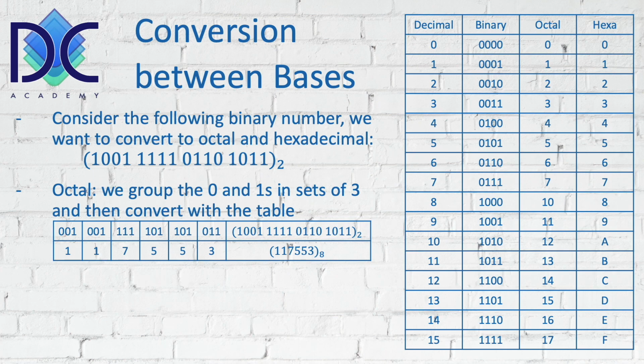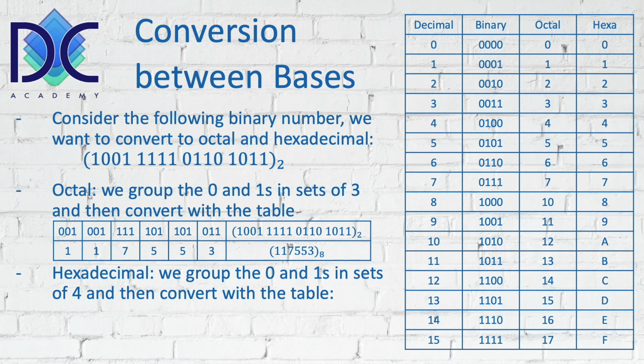So basically the number that we had in binary code, 1, 0, 0, 1, 1, 1, 1, 1, 0, 1, 1, 0, 1, 0, 1, 1, can be written in octal code as 1, 1, 7, 5, 5, 3.